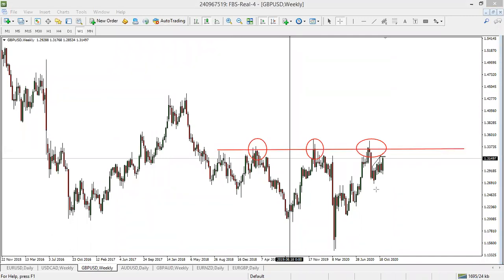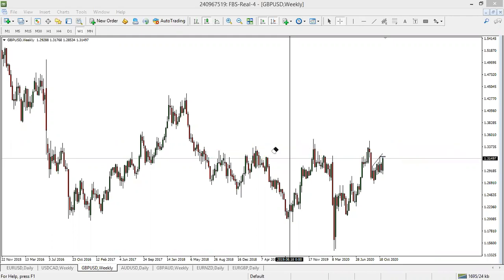Price has been bouncing off for a very long time, and it's also trying to retest again and come back, like what we said on the euro pound. You should follow price until the otherwise happens. So for now, price is still below the resistance, and I'll still be looking to short.